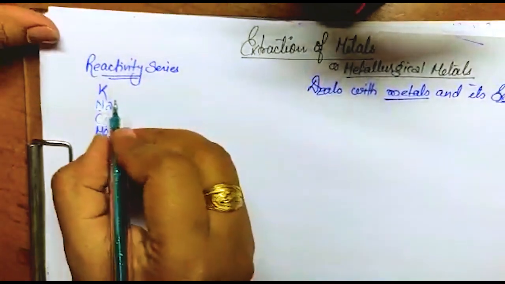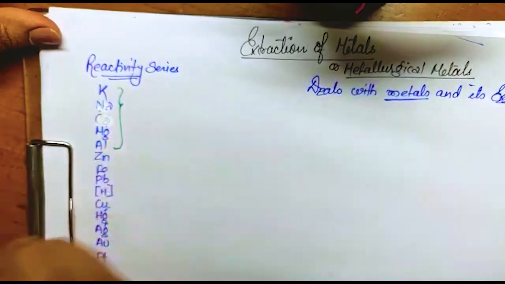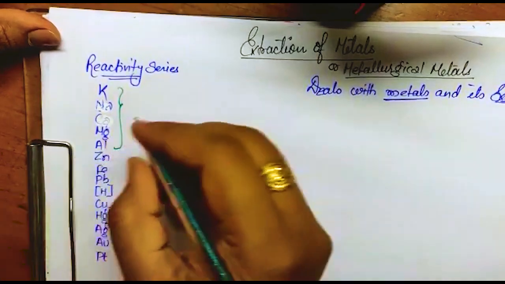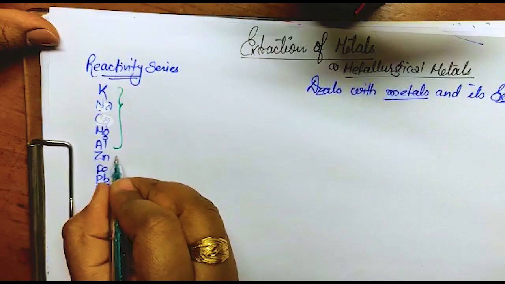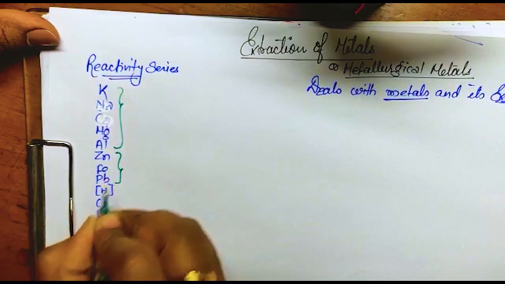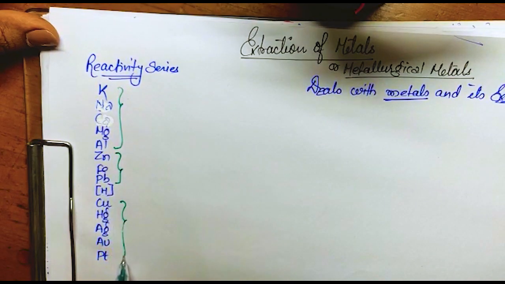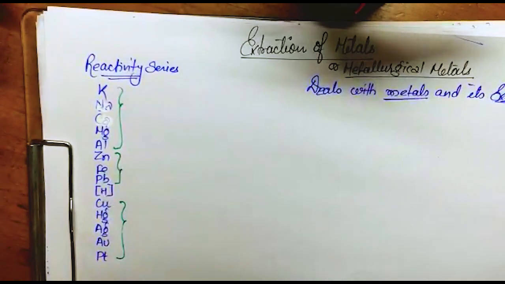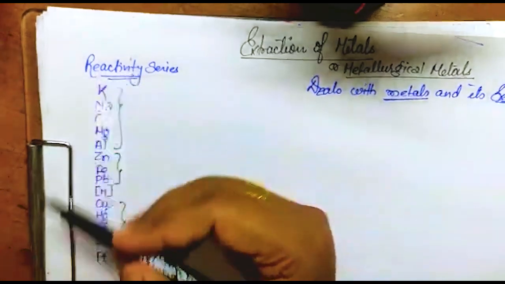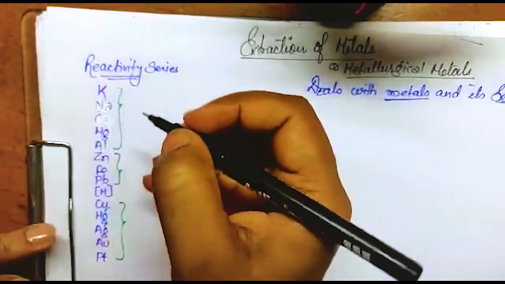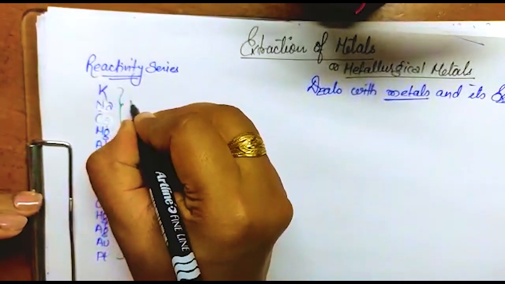Out of that, till aluminium, and then zinc, iron and so on. So all the reactivity series is classified under 3 categories. Got it? So what are the 3 categories for that? The top of the reactivity series has highly reactive metals.